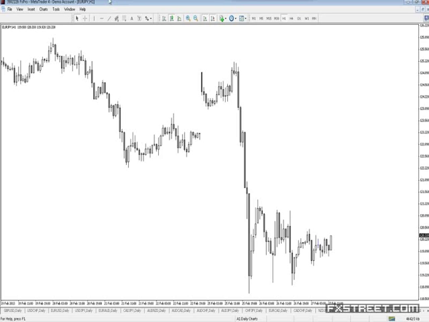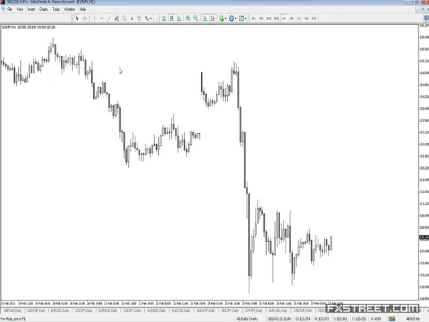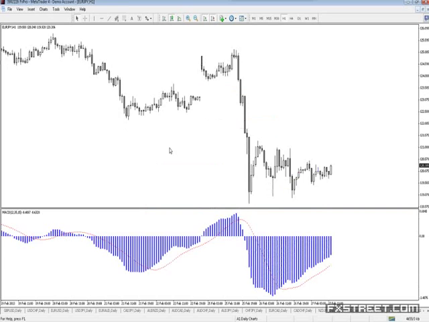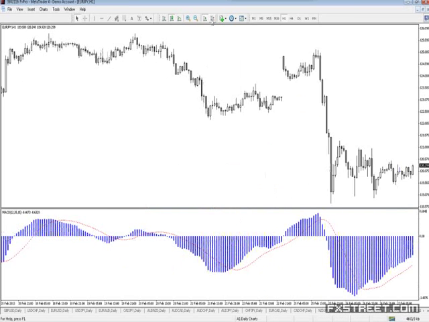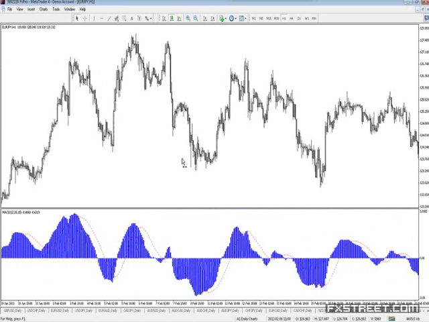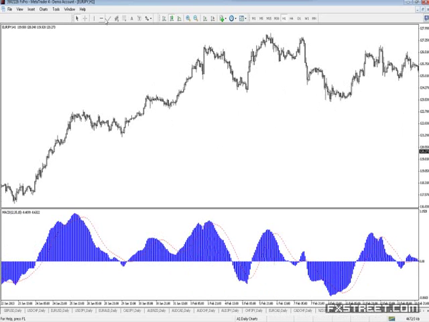So for example, let's say I use a MACD. Every time the market went down and this red line crossed below, I'd say, okay, if this red line crosses below on the MACD, I'm going to sell.